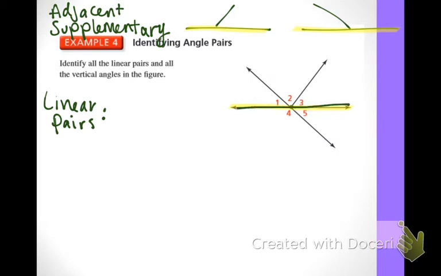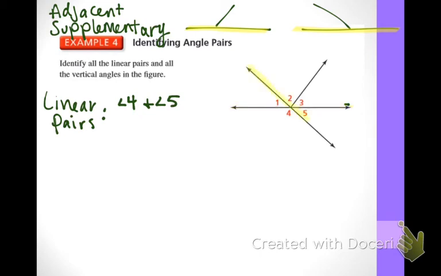You can look at the bottom now. Are there 2 angles that start and stop on the line? There are. 4 goes from here to here, and then 5 goes the rest of the way. So angle 4 and angle 5 are linear pairs. So we just talked about this straight line.